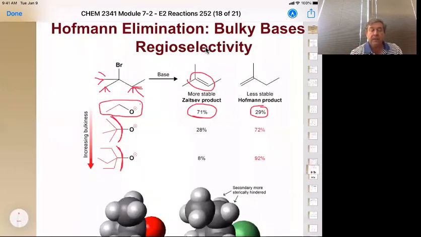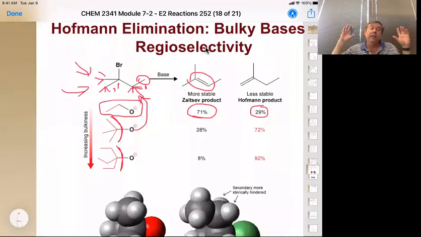However, as you get to a big bulky base, this methyl group is being crowded out by the 2 substituents over here, and it's predominantly going to attack these out here, these 6 hydrogens out here, because there's not as many things around there, and so our product ratio changes. Our product ratio changes where we have the less substituted alkene because of that steric demand. And if we go even really big and even bulkier here, we can even force it to go even further.